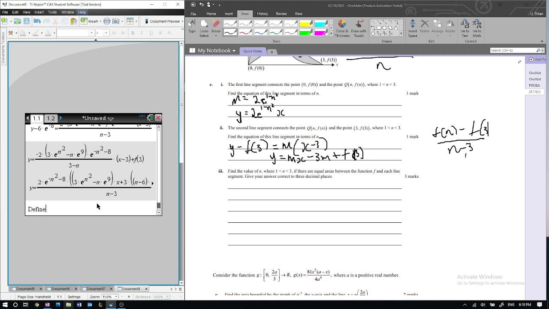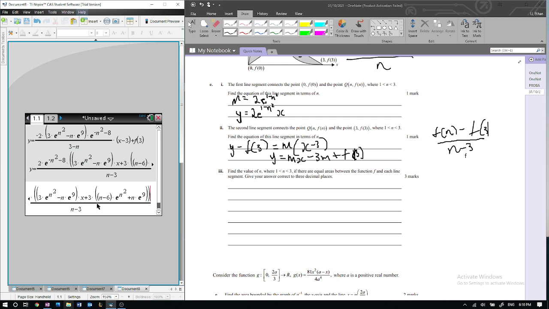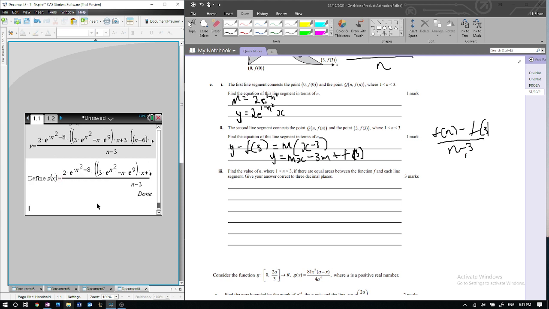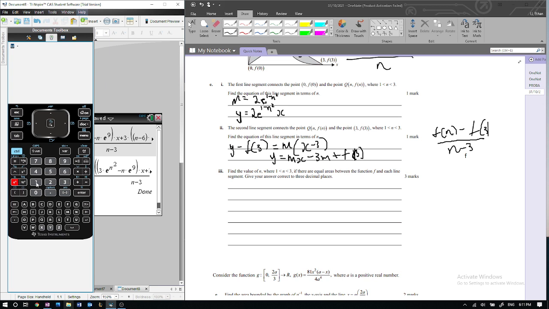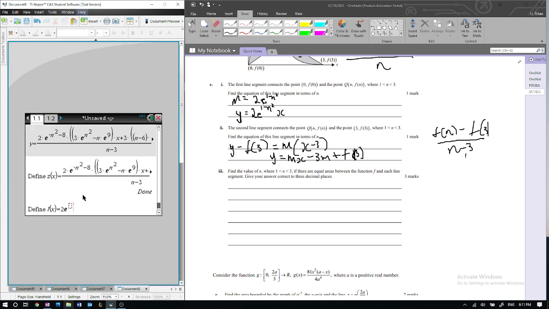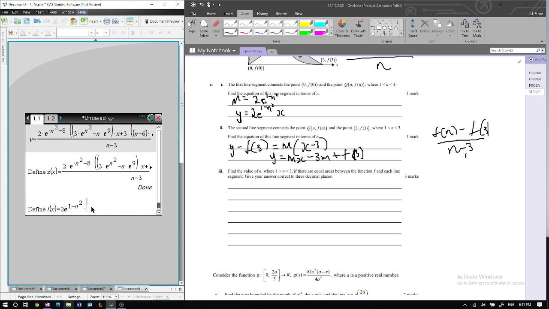So y is equal to that, so I can define, let's just call it z. Define z(x) equal to that. And I need to define my first line as well. Define, let's just call it L(x), is equal to 2e to the 1 minus n squared, times x.